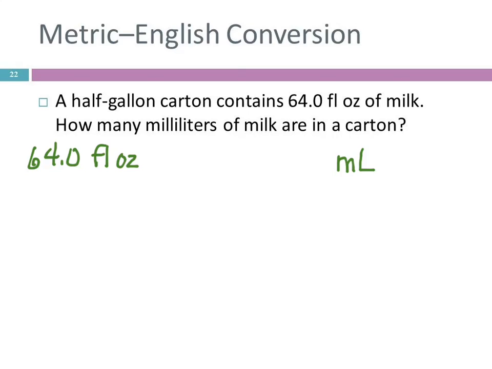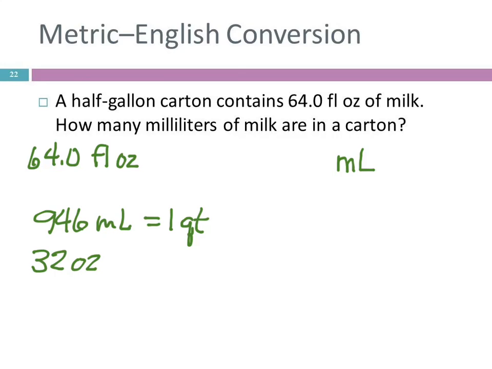It gives the volume in milliliters and in ounces. 946 milliliters per quart? Okay, that works. 32 ounces in a quart. We better stick with our fluid ounces.